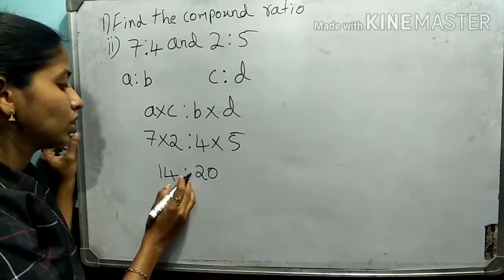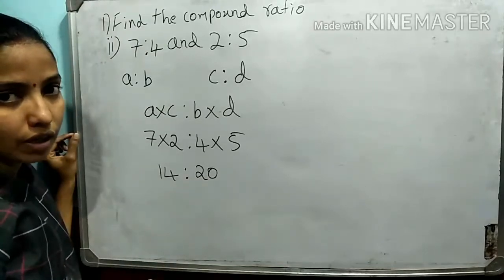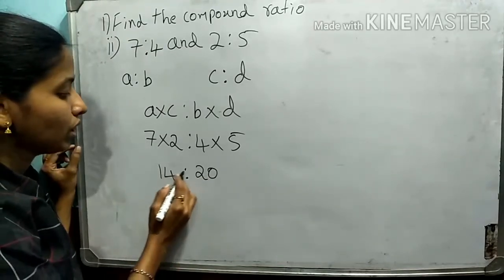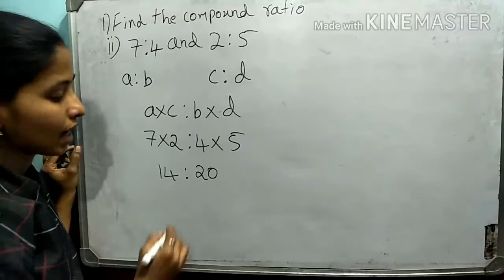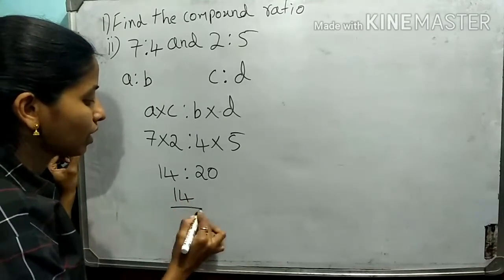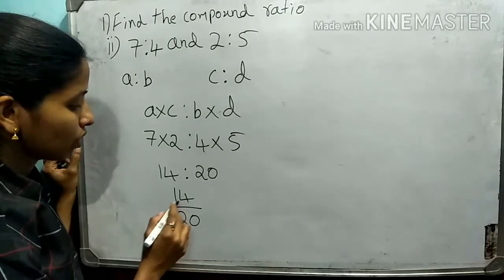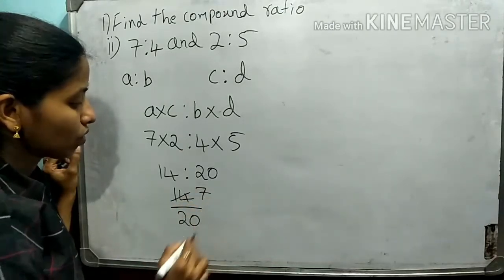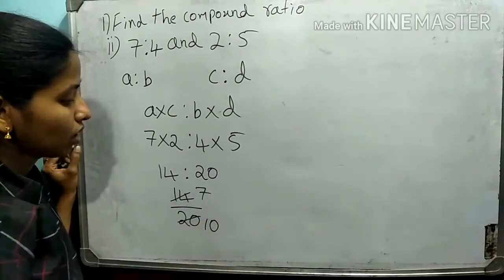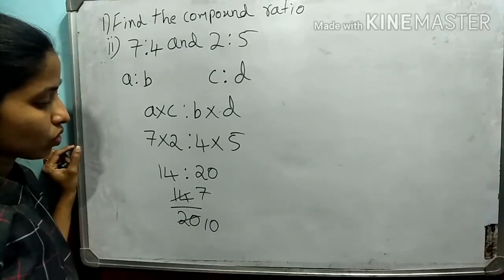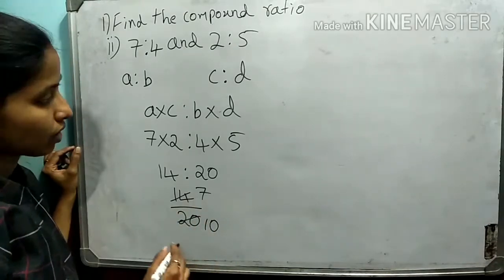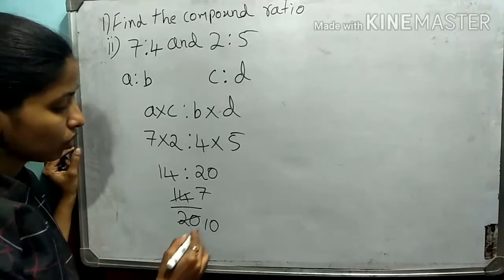So 14 is to 20. We can simplify further. So 14 is to 20 we can write as 14 divided by 20. So here 2 7s are 14, 2 10s are 20. So 7 by 10, further simplification not possible.